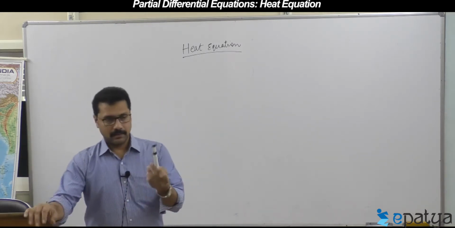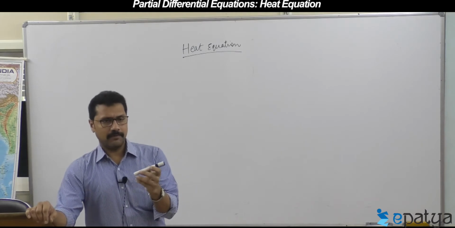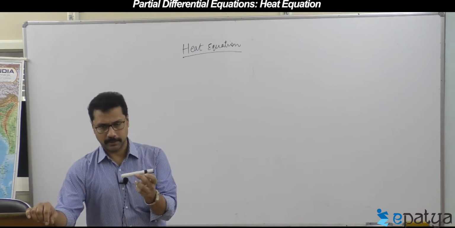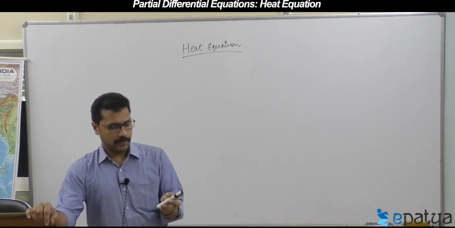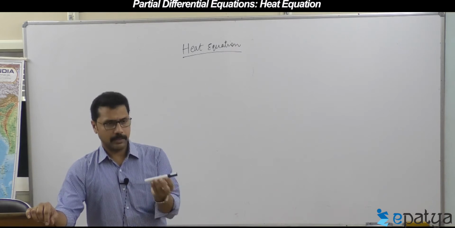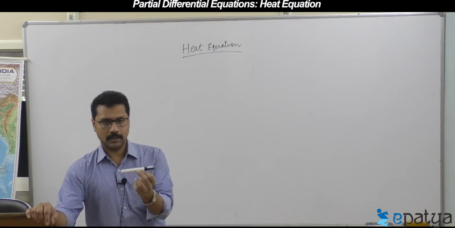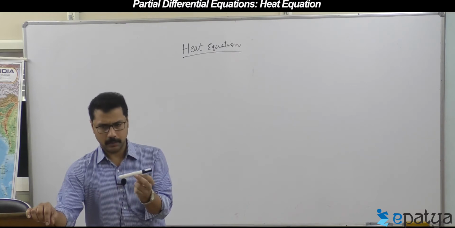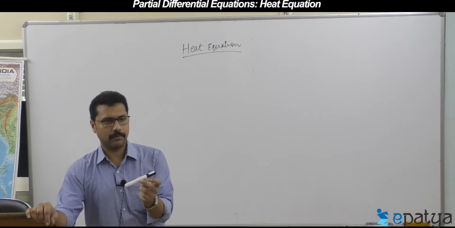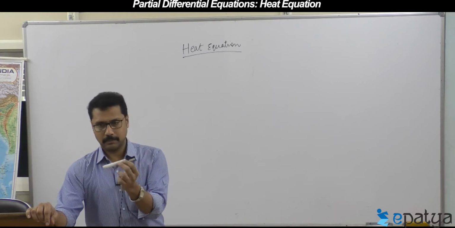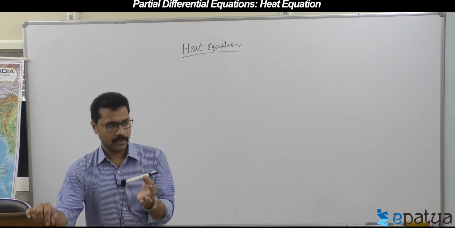Every material, suppose I take this material, every material has certain thermal properties. Okay. Now we'll assume that this material that we consider is a homogeneous material where the thermal properties at any point inside this material are the same. Okay.